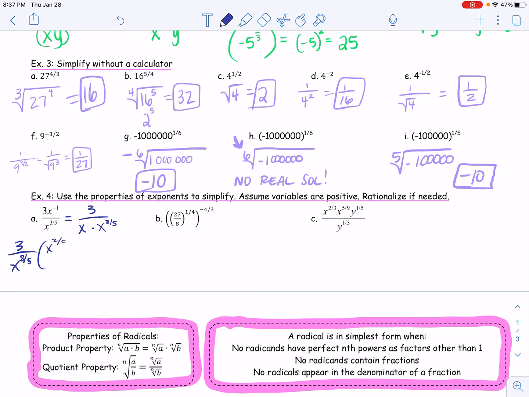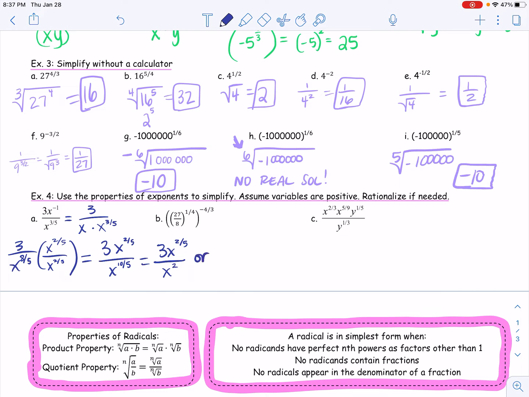X to the 2/5, x to the 2/5. My numerator, 3x to the 2/5 over x to the 10/5. Let's rewrite that as 3x to the 2/5 over x squared. Nothing wrong with that. Okay.